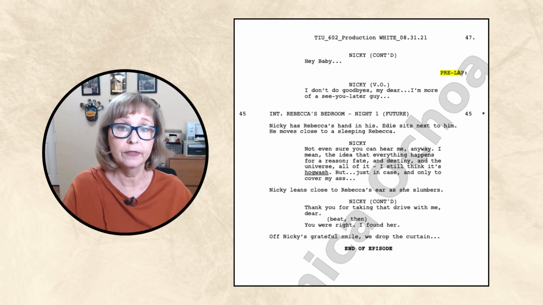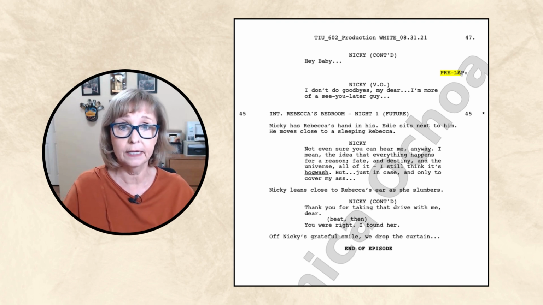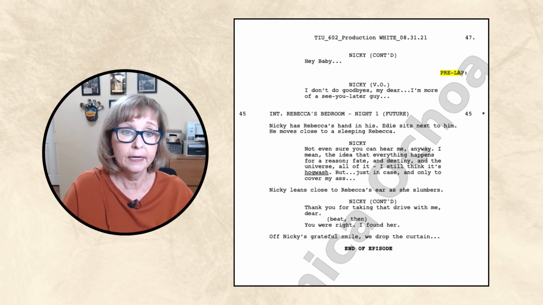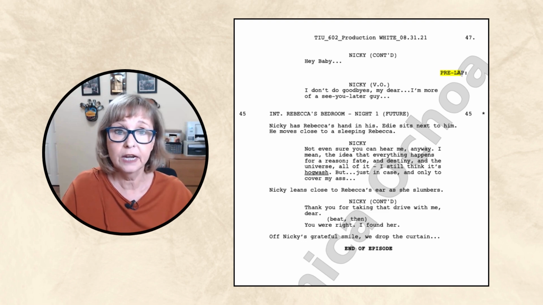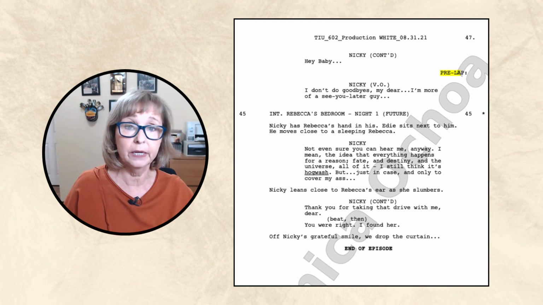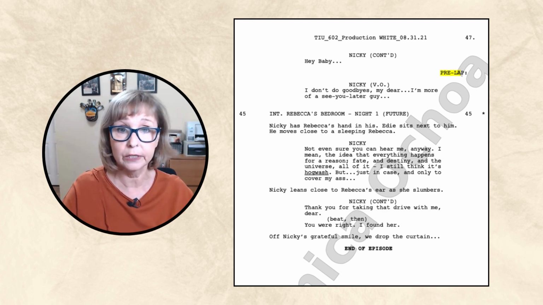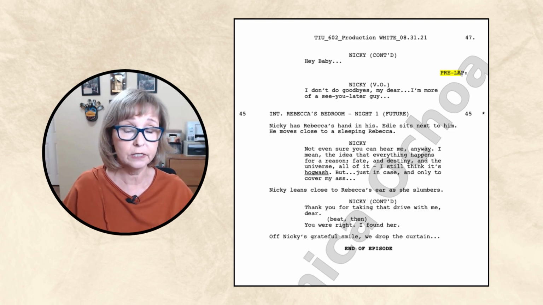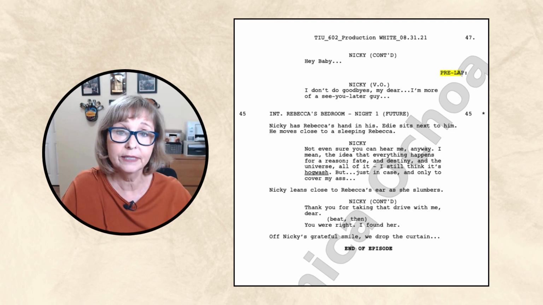When they give out the sides for that day, they usually only give out the sides for the scenes that you're doing that day. If scene 45 was at the top of the page, that first line would have been on the previous page, page 46. This is page 47. It would have been on page 46, and you would be missing that line.